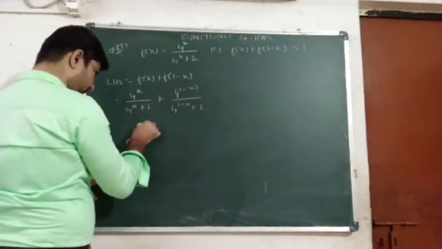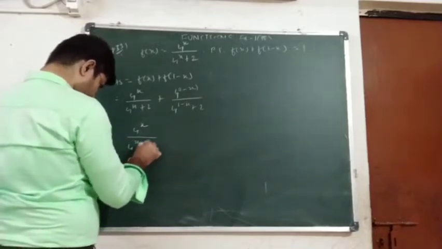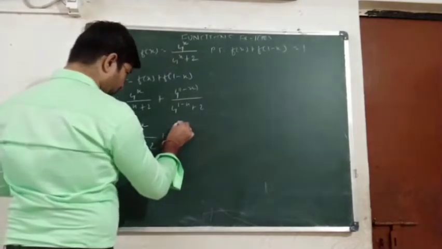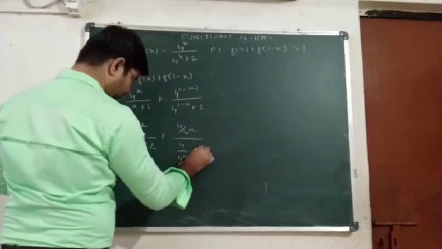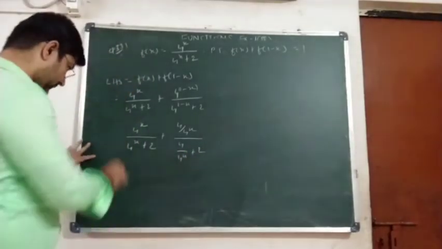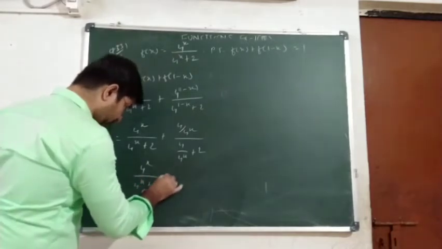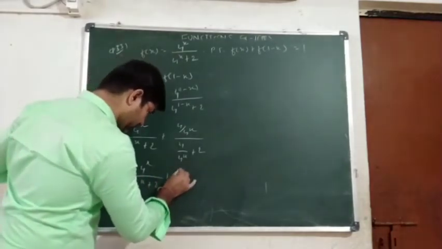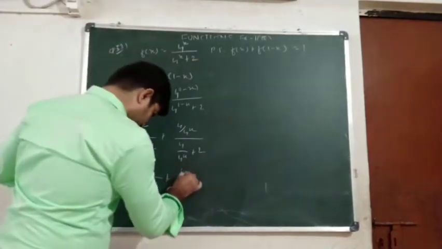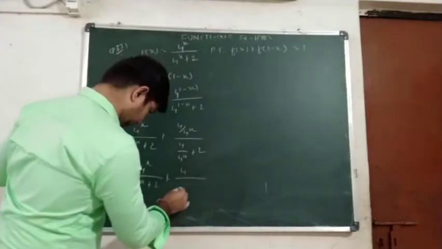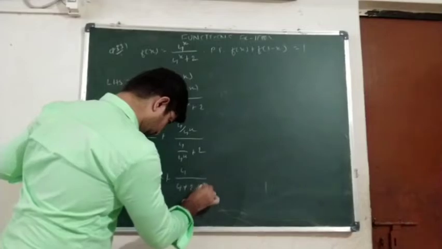So 4 raised to x upon 4 raised to x plus 2, plus 4 upon 4 raised to x plus 2. On further simplification, the first term we are not going to touch. This will be written as 4 upon 4 plus 2 into 4 raised to x.